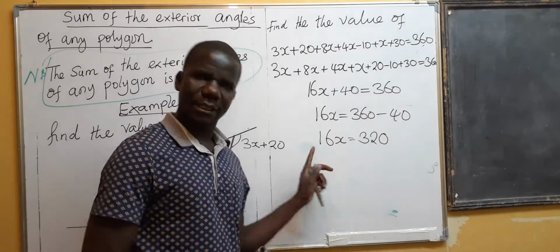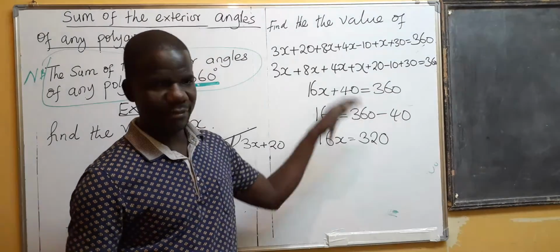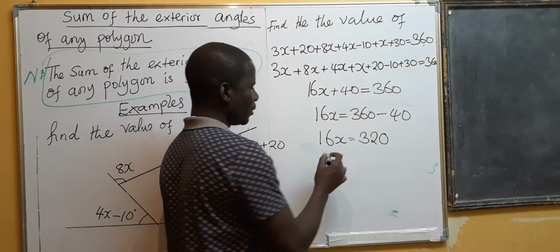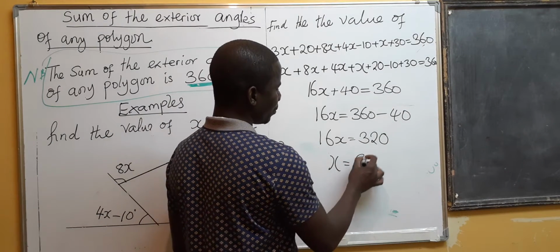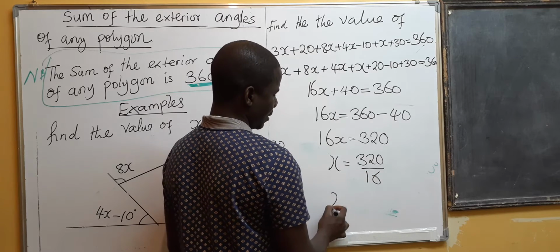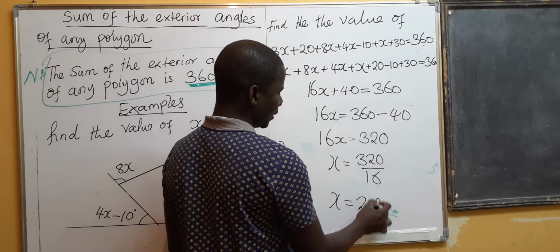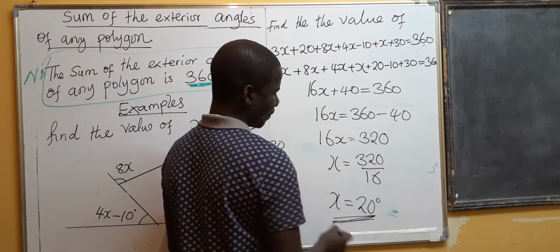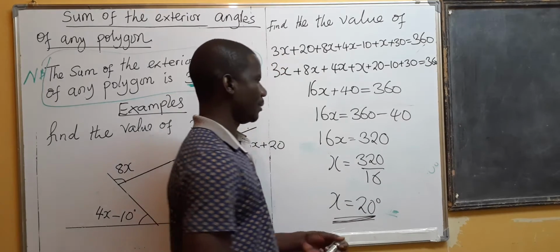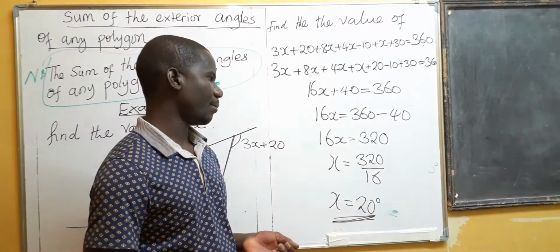So you know that at this point, we need now to divide what? Both sides by 16. So we're going to say x is equal to 320 divided by 16. And x is equal to what? 20 degrees. That is what x is going to be.